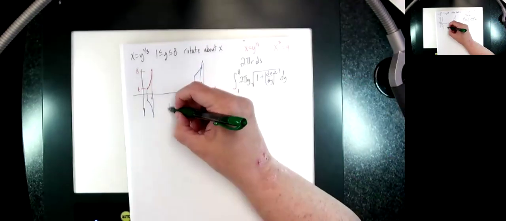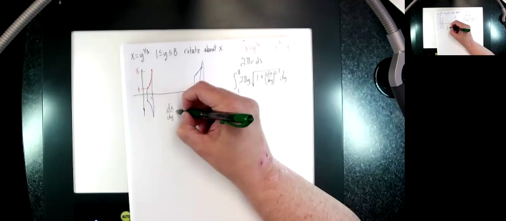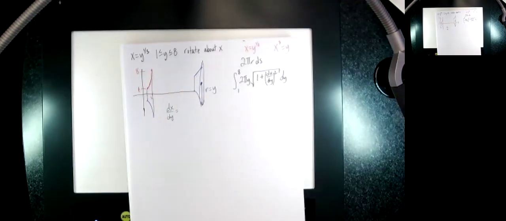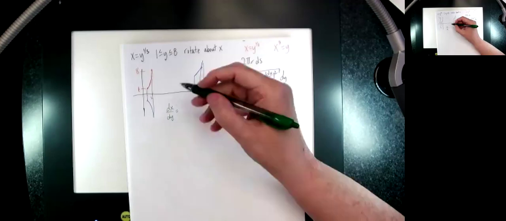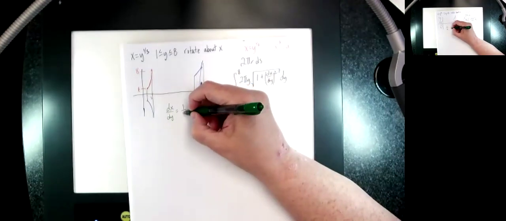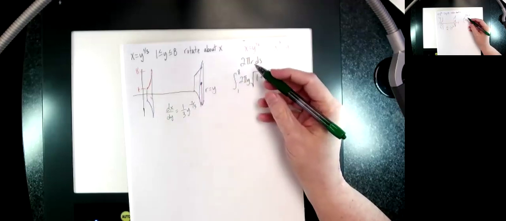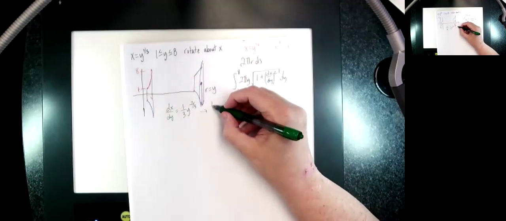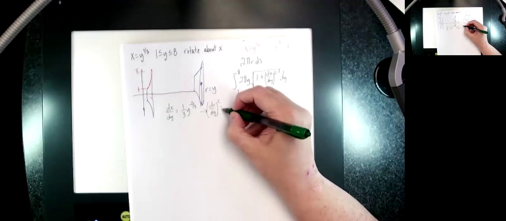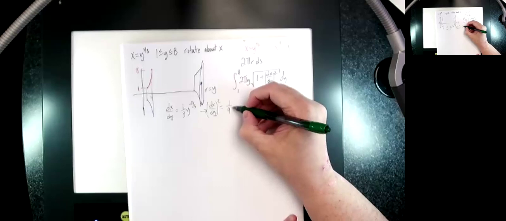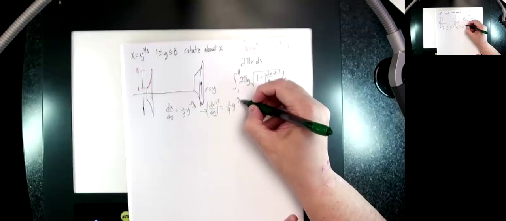Well, let's figure out what dx dy is. Bring the power down, lower it by a power. And if we square it, we get 1/9 y to the negative 4/3.